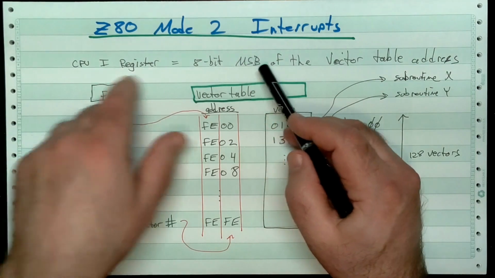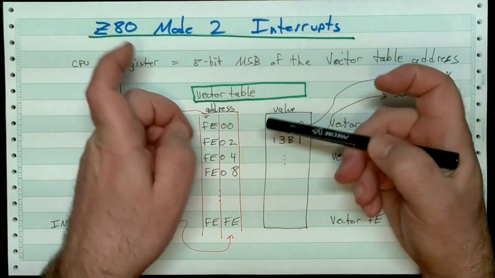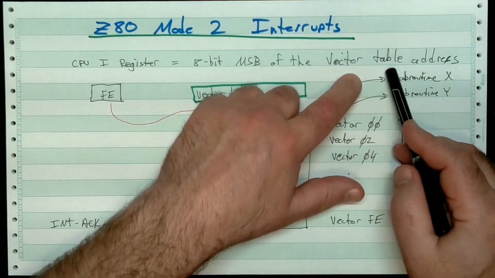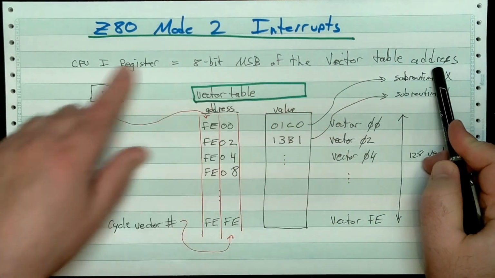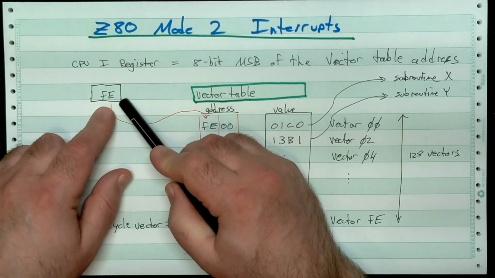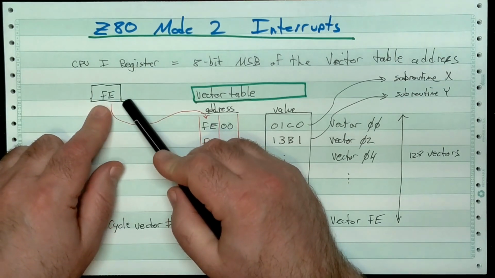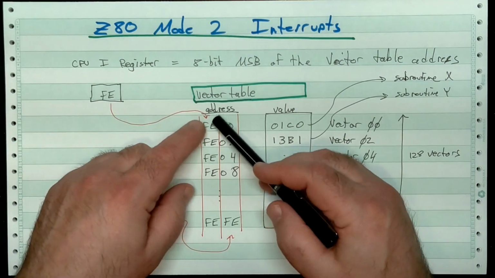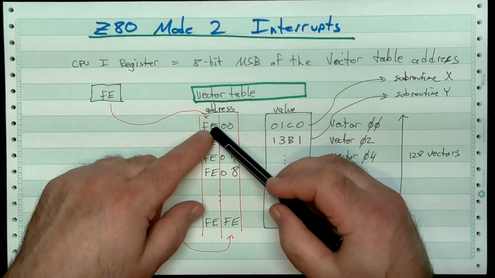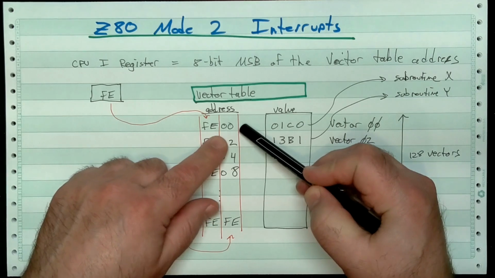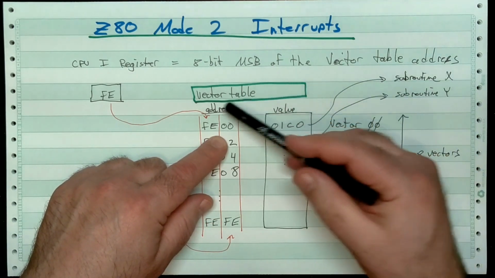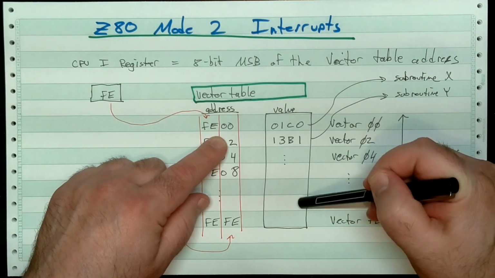So this is a 1-byte value that is the left half, the most significant half of the vector table address. Okay, so if your I register has the value FE, here's my sample I register here, then what happens is the FE value represents this left half of the 16-bit value where this table's contents are stored in memory, okay?